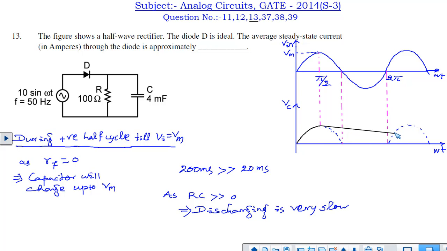When the input voltage at the anode of the diode again increases above the cathode voltage, the capacitor starts charging up to Vm again, then discharges, and it continues like that.